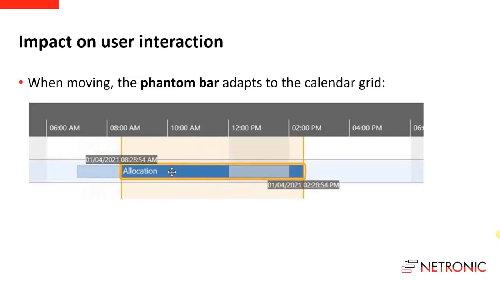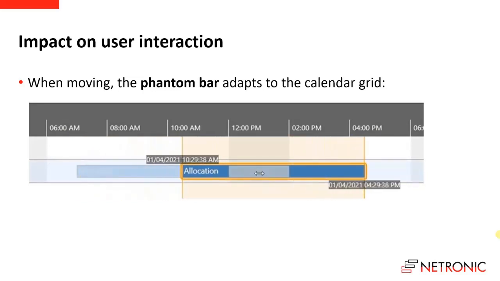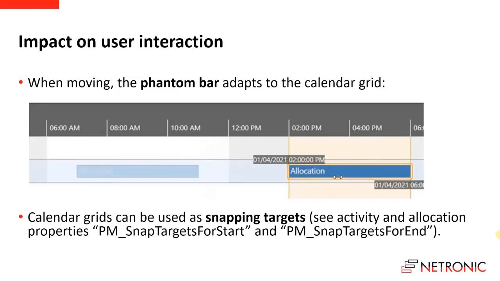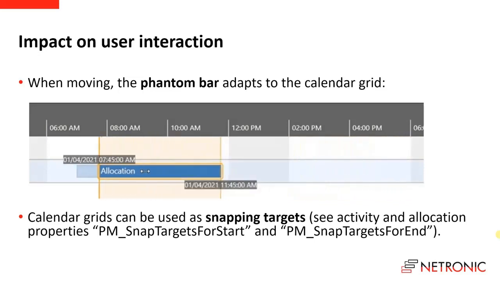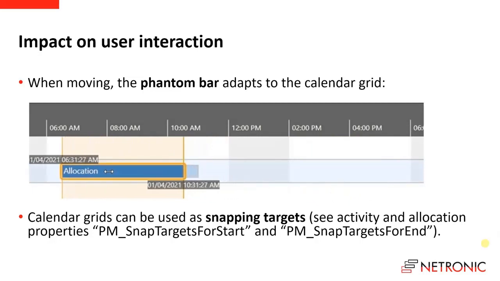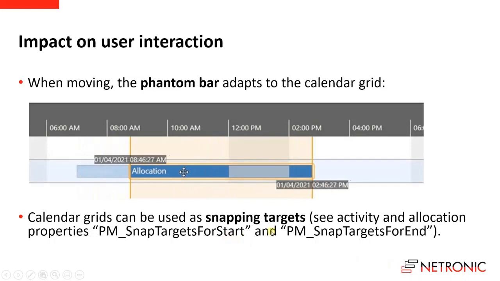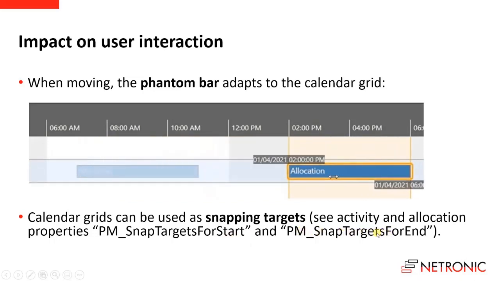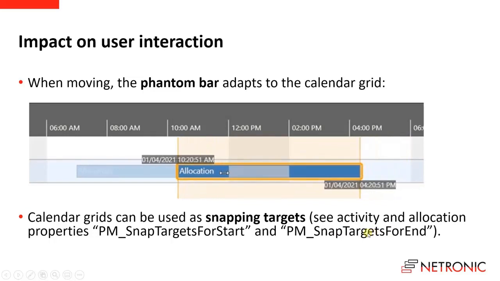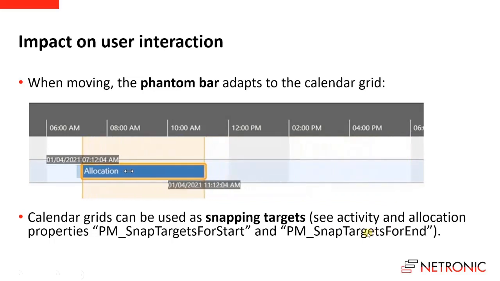Another impact is if you are using snapping targets. For this you can see the properties of the activities and allocation called PM snap targets for start and PM snap targets for end. In this case you can use the calendar grids as targets.